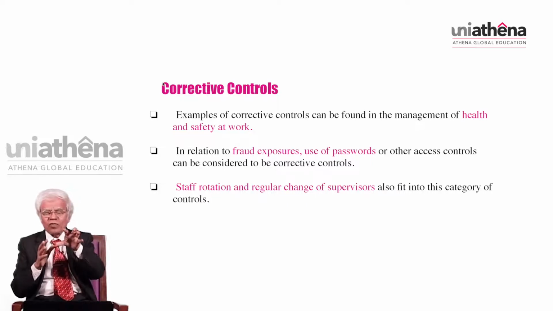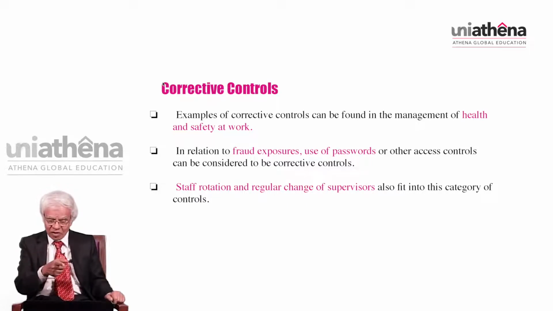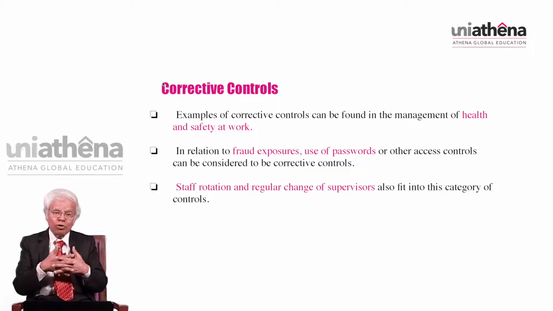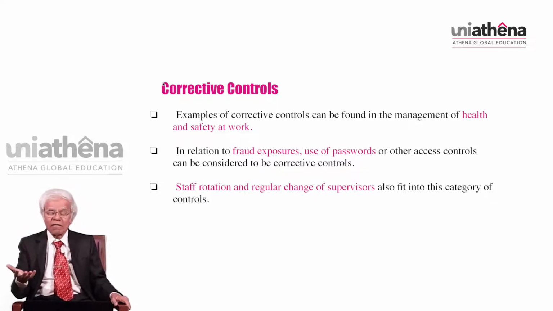He was there for quite a long time. So the last paragraph talks about stop rotation and regular change of supervisors. If both of them are in collusion, they can work and manipulate. Maybe when I talk on risk in banking, I will tell you some of the cases.